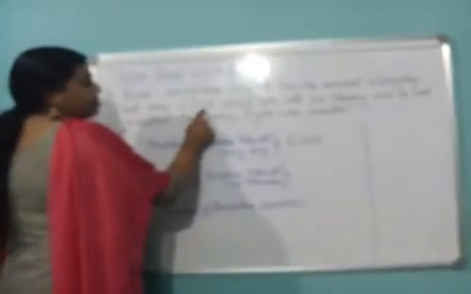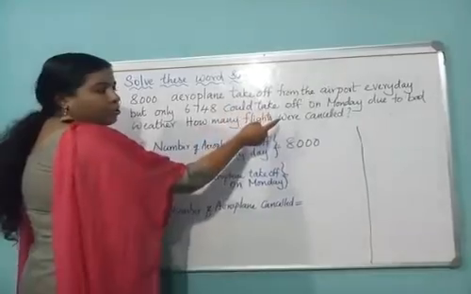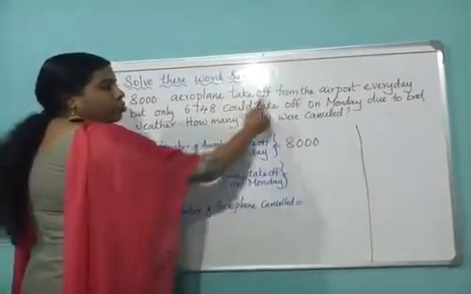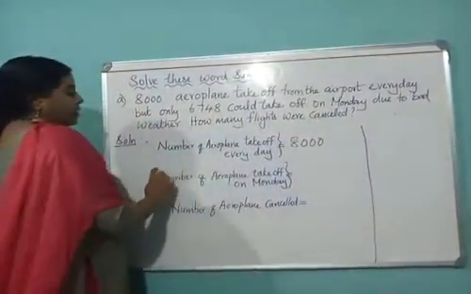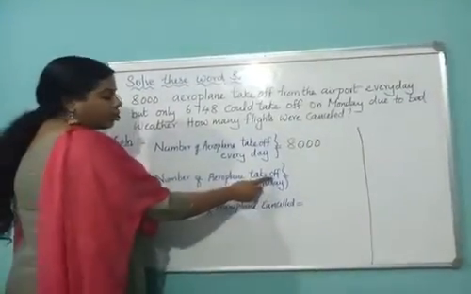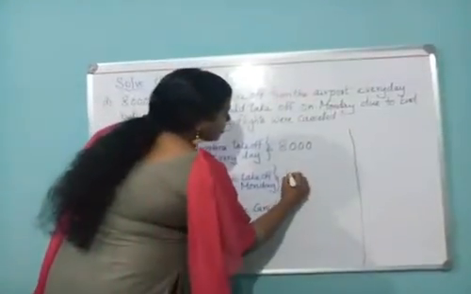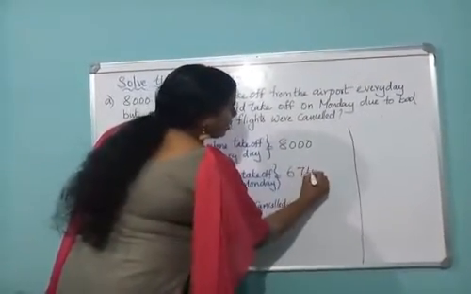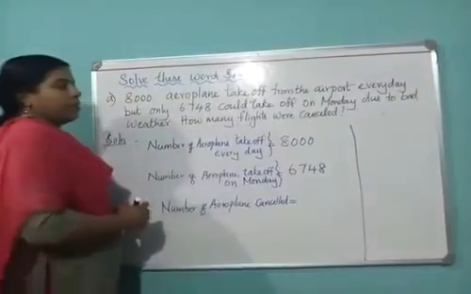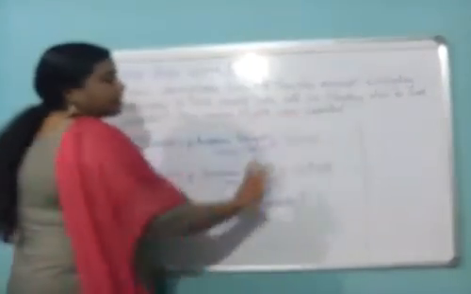So 6,748 again shows the number of aeroplanes that take off on Monday. We will write the second line as: number of aeroplanes take off on Monday equals 6,748.